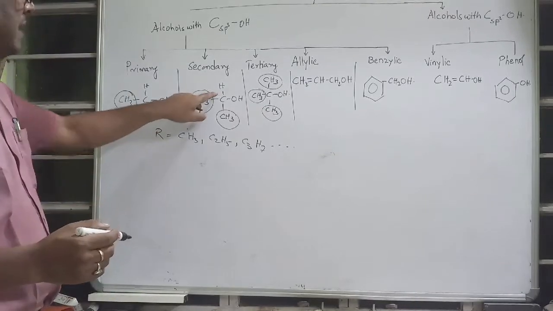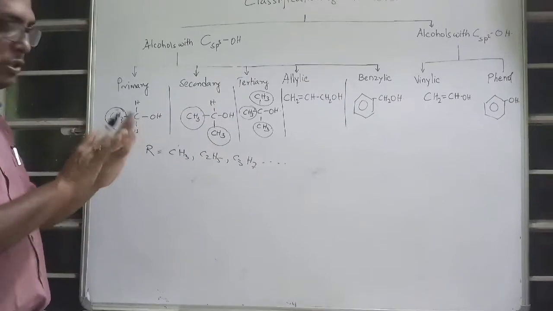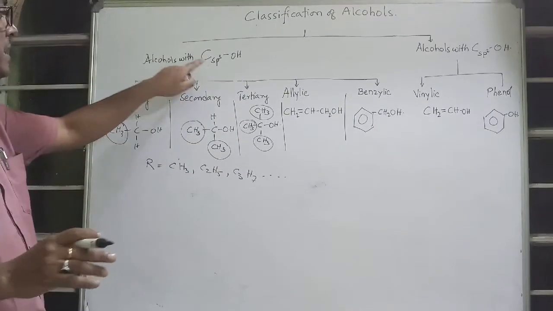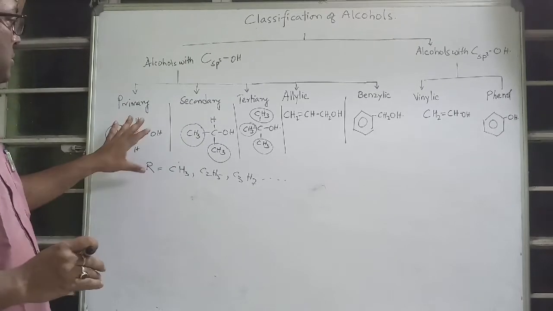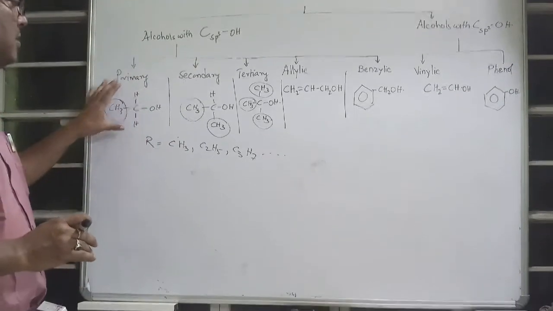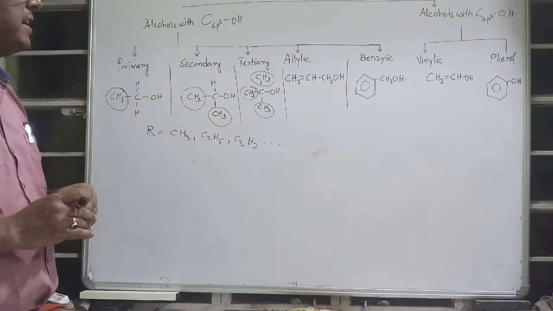But remember, as all four hands of carbon are well satisfied, there is no double or triple bond, so it is an sp3 hybridized carbon. So we put these as primary alcohol, secondary alcohol and tertiary alcohol. All these are aliphatic alcohols.